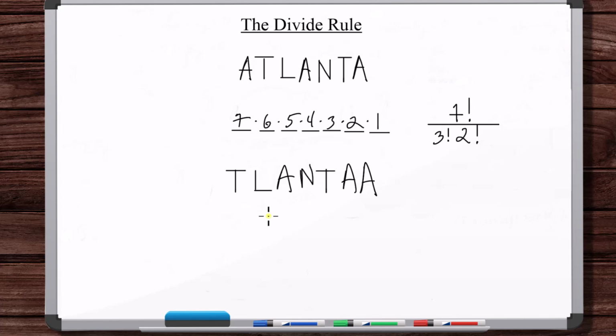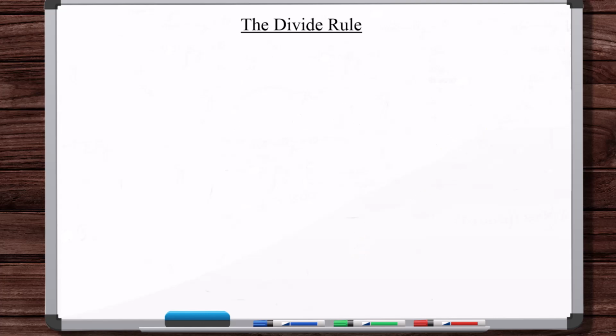But we're trying to tell the algorithm, when you're kind of paused on an arrangement and you're cycling through the different potential rearrangements, don't count the different ways you could rearrange the 3 A's, as well as don't count the different ways you could rearrange the 2 T's. And all that is for the A's, that's 3 factorial, and for the T's, that's 2 factorial. Okay, and so that's the fundamentals of the divide rule.